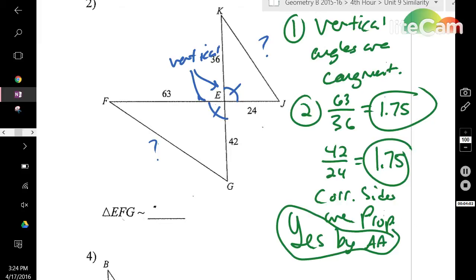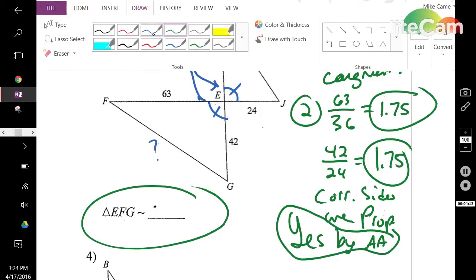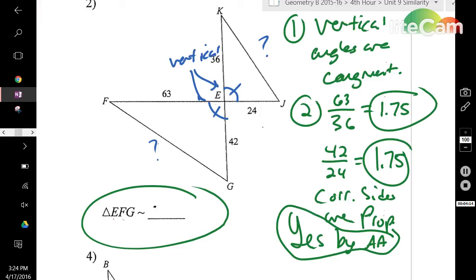Now you'll notice this statement here, they say triangle EFG is similar to blank. You have to fill in the rest of the similarity statement based on the picture here. Now it's very important that you notice the order of the letters E, F, and G, because the second triangle name has to follow the exact same order.